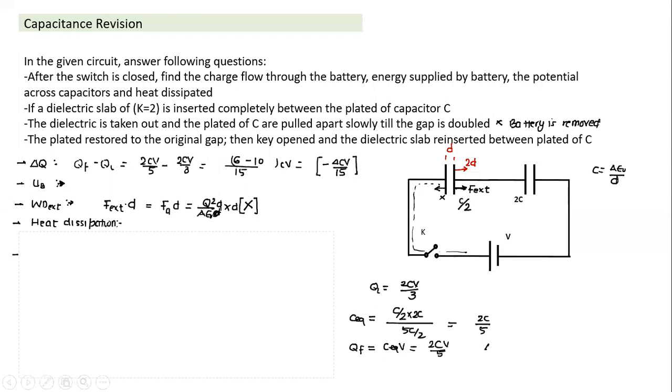We know the change in potential energy here, but is this change in potential energy only due to work done by the external force, or some other reason also? Can we say delta U is equal to the work done by the external force? We cannot say.